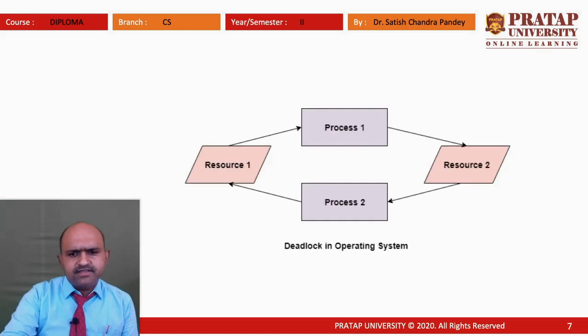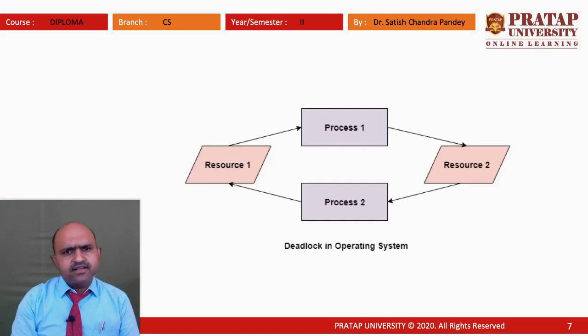For example, this is a deadlock in an operating system. Here we can see that resource 1 and resource 2 are connected to process 1 and process 2, but in that way no process can be executed with those resources.